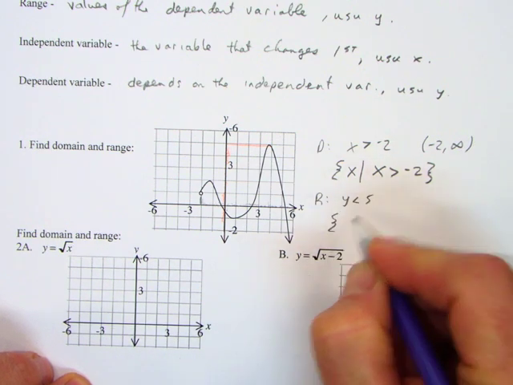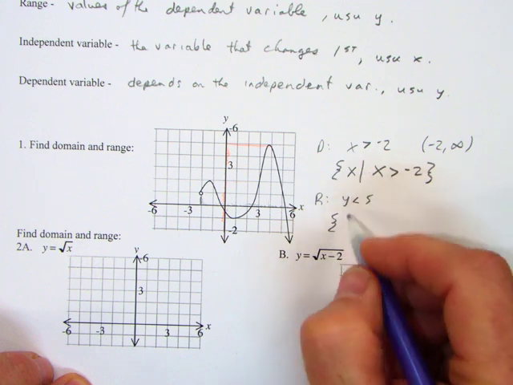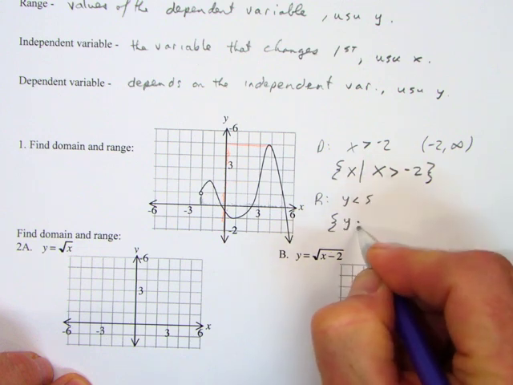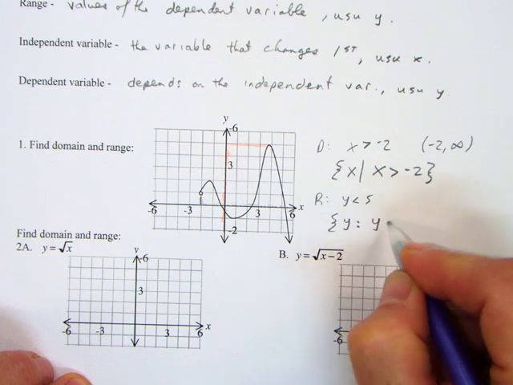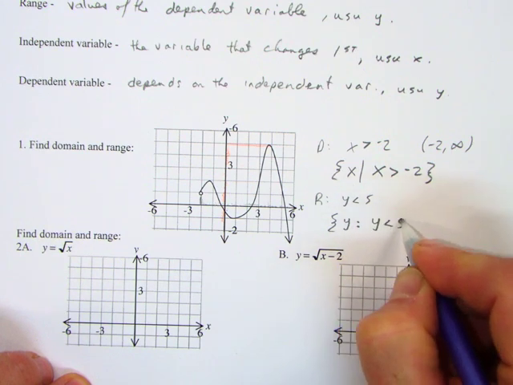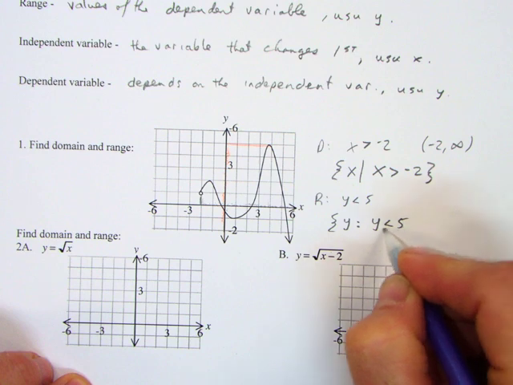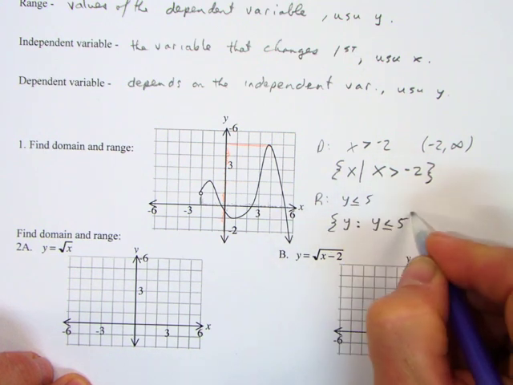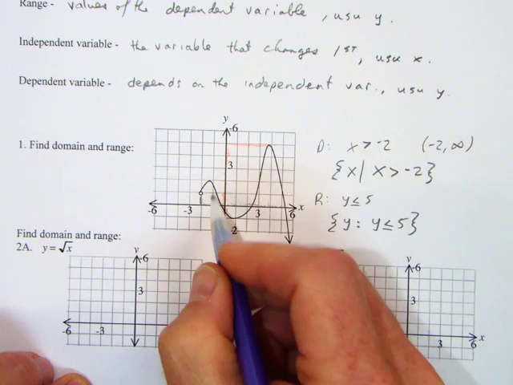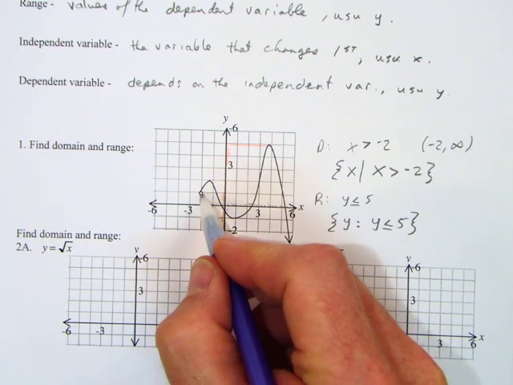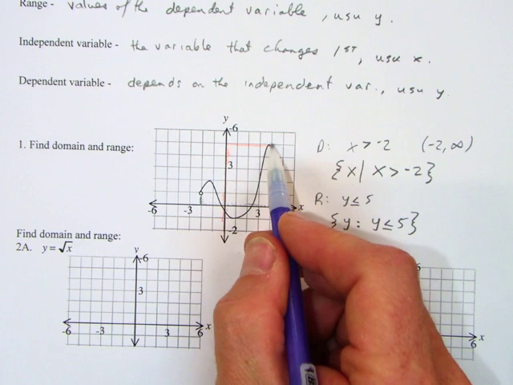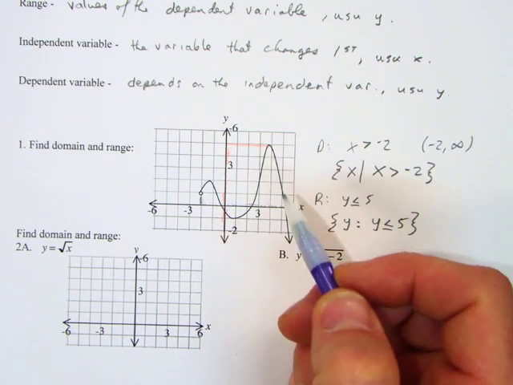Now another way to do it instead of putting the slash is we could put 2 dots, and it means the same thing. All values of y such that y is less than or equal to, I forgot I didn't put that there, 5. For the x value, we couldn't include -2, because there's a hole there, but for the y values, we can include 5 because it actually does hit that point.